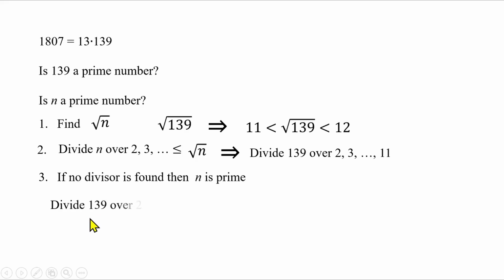We divide 139 by these prime numbers. The answer is negative, no divisor between them, and 139 is prime. Our number is a product of two primes. The largest is 139, and the sum of digits is 13. This is the answer in our problem.